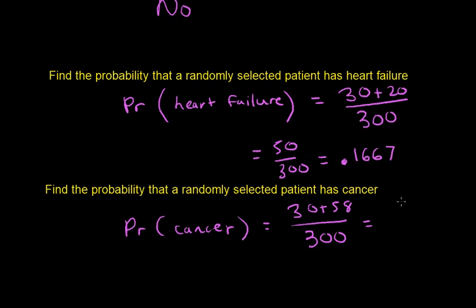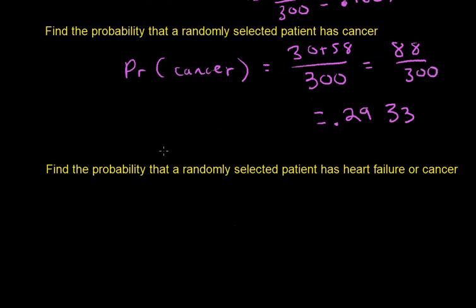That comes out to 88 divided by 300, which equals 0.2933. So that's the probability of having cancer in this hospital, 0.2933. Now let's find the probability a randomly selected patient has heart failure or cancer.